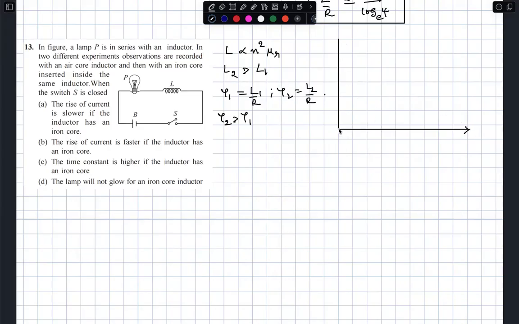Please try to understand. You are seeing one graph like this. In this graph, I am plotting current versus time.